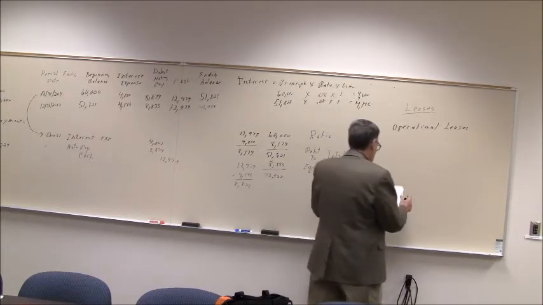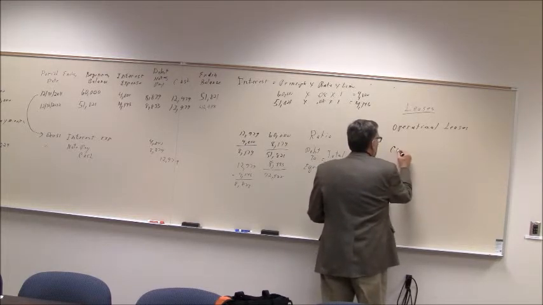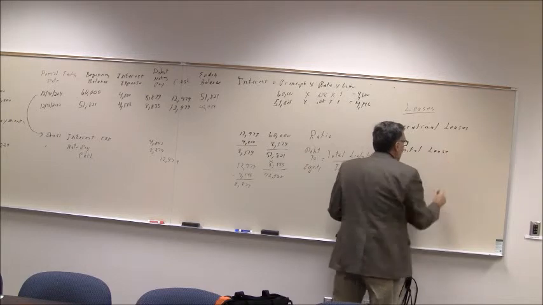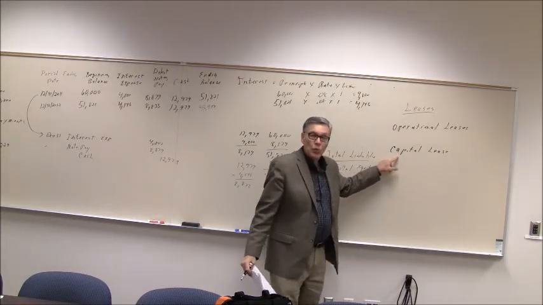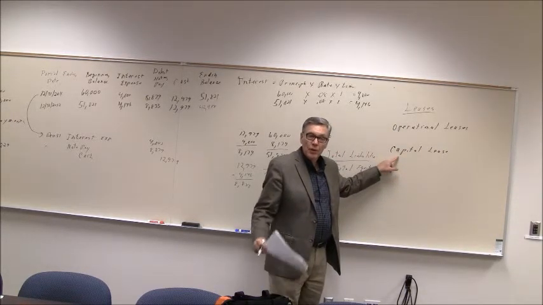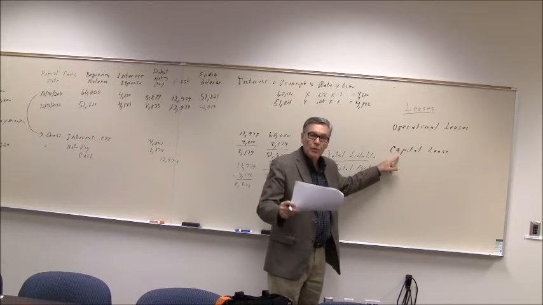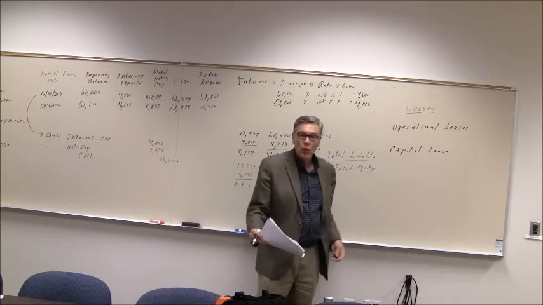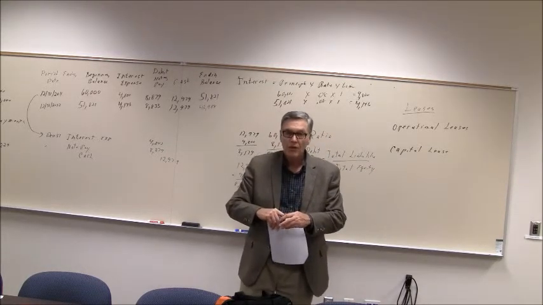Okay? By contrast, there's a capital lease. A capital lease is one where the rewards and the burden of ownership are transferred from the person who's leasing out to the person who actually does the leasing. So the lessee has all the rewards and risks of ownership.